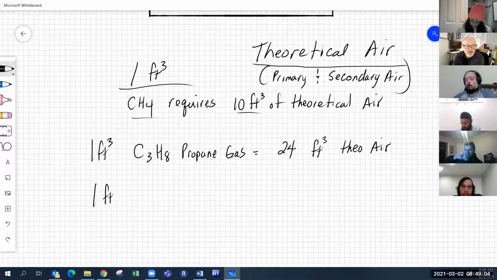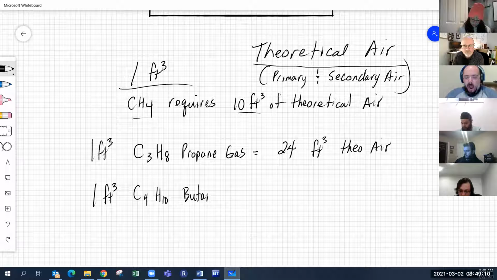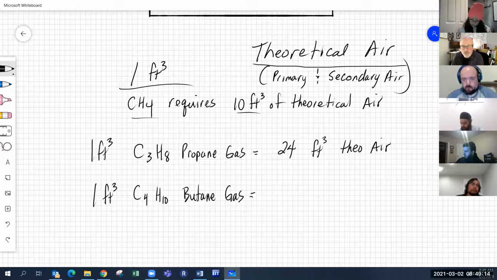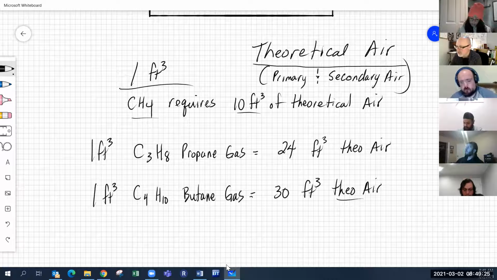And 1 cubic foot of C4H10, which is butane, as a gas, not as a liquid, requires 30 cubic feet of theoretical air to burn. Theoretically, this is theoretical air. So write that down, let that sink in.